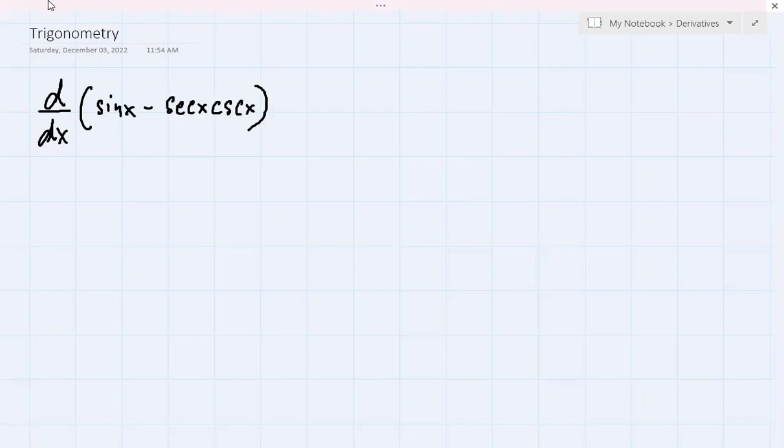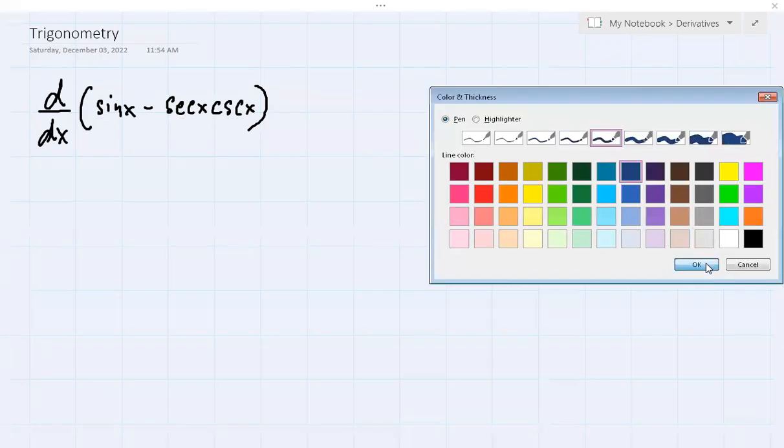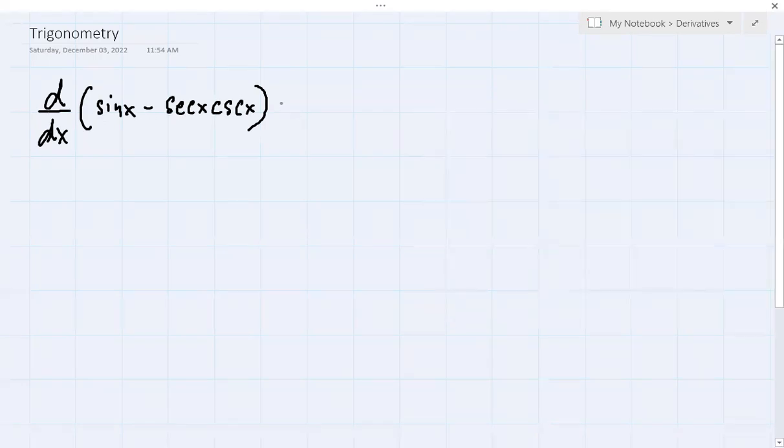So as you can see, we have two terms na naka-separated by the subtraction operation. So we can apply sum and difference rule. So magiging ganito siya. The derivative of sin x minus the derivative of secant x times cosecant x.